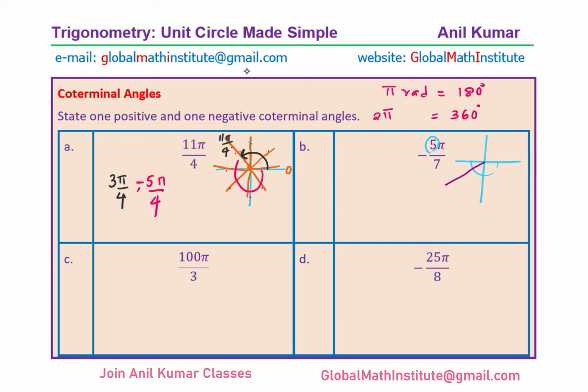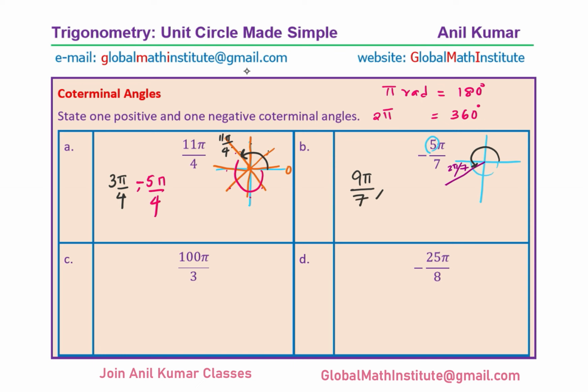So definitely 2 pi by 7 is left. You see that, the calculation? So this is your 5 pi by 7 minus, right? Now, to get you the positive and negative angles, the positive angle will be this much, which is 7 plus 2, 9 pi by 7. Makes sense? 9 pi by 7, right?